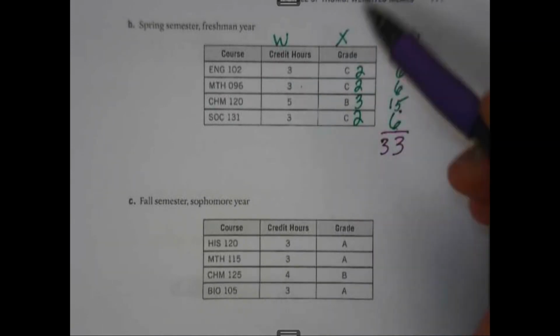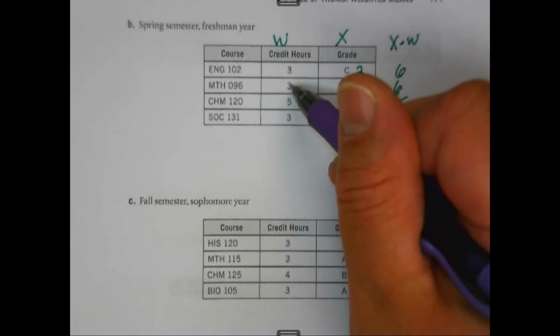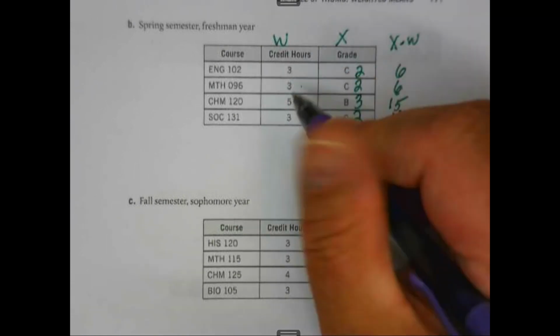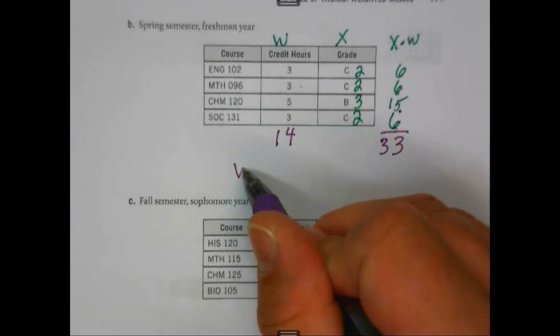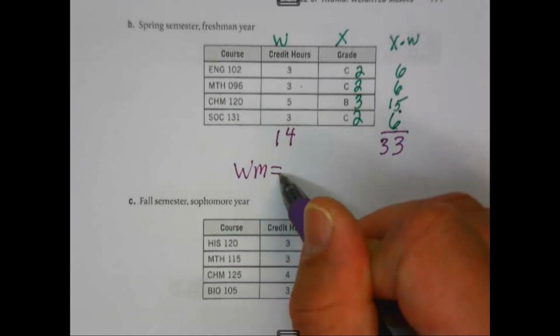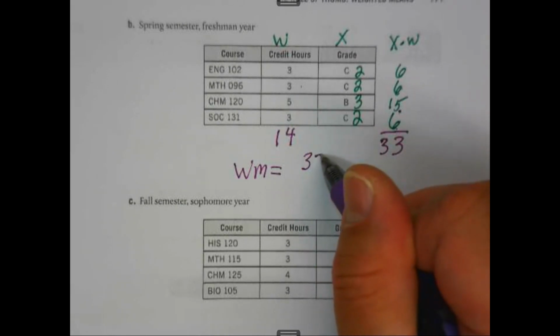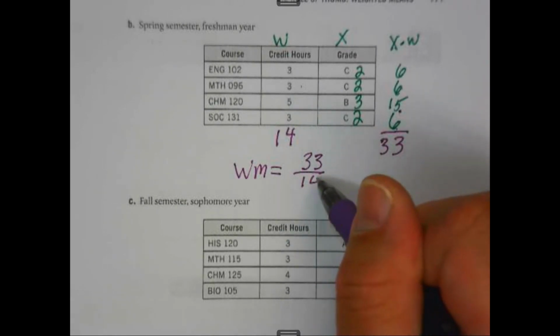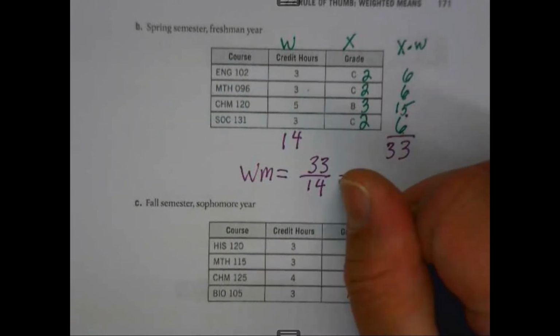Okay, the weight: 3 plus 3 is 6, plus 5 is 11, plus 3 is 14. So my weighted mean is 33 divided by 14. 33 divided by 14 gives me 2.35 for this semester.